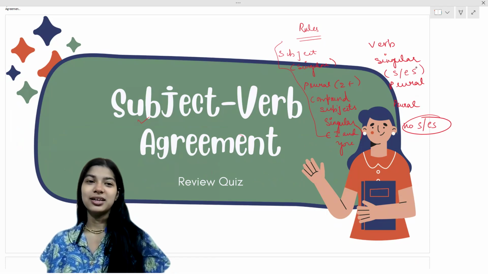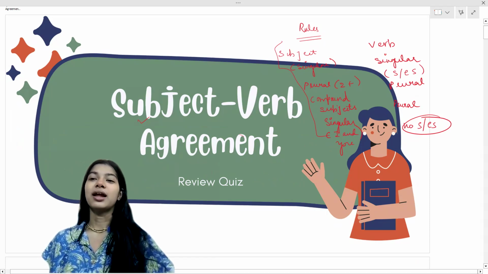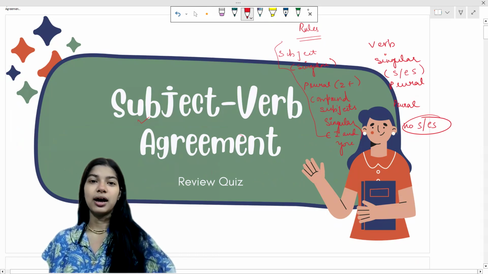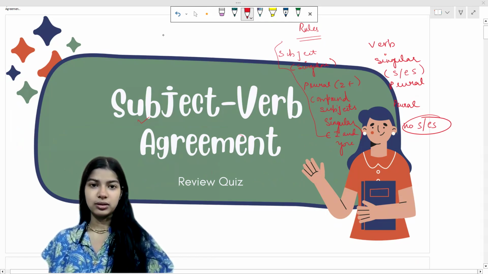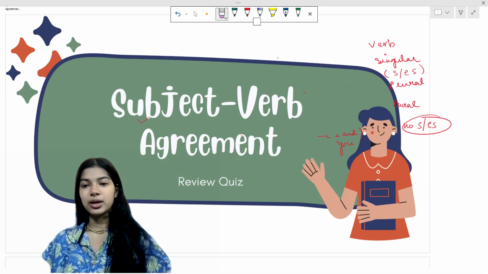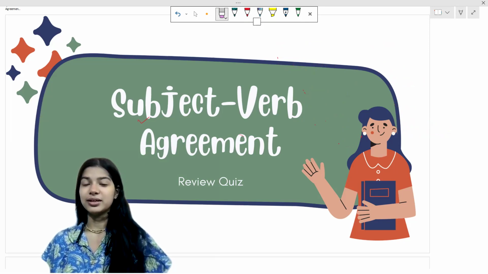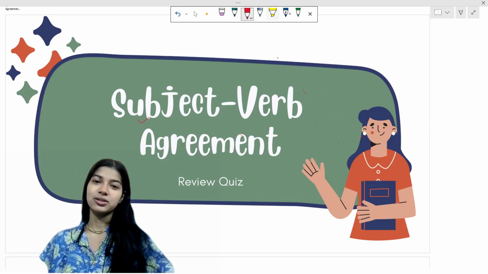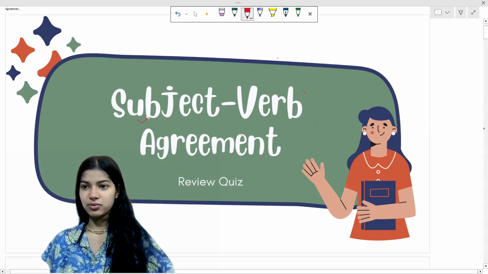Now let's learn how we can apply those rules and how we can go ahead with solving the questions with them. Let's understand subject verb agreement with some real sentences. So let's go ahead with the first question.